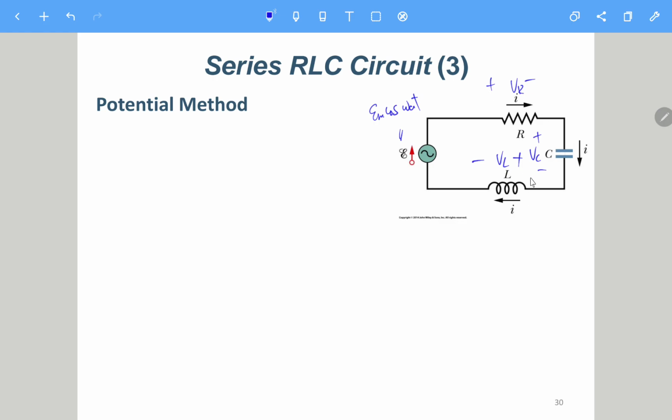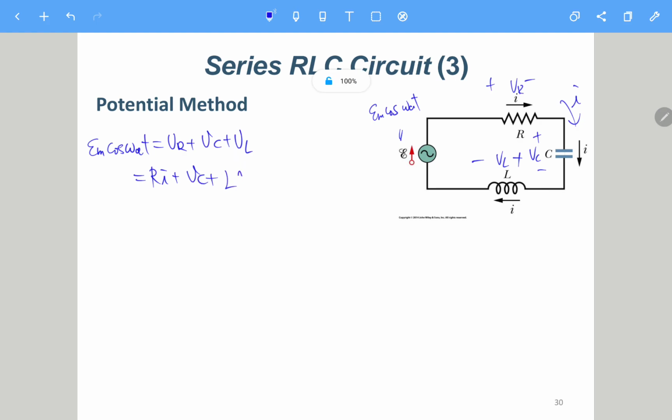In that case, we will have Em cosine of omega d t equals VR plus VC plus VL, where VR equals R times I, if this is I, and then plus VC plus VL.